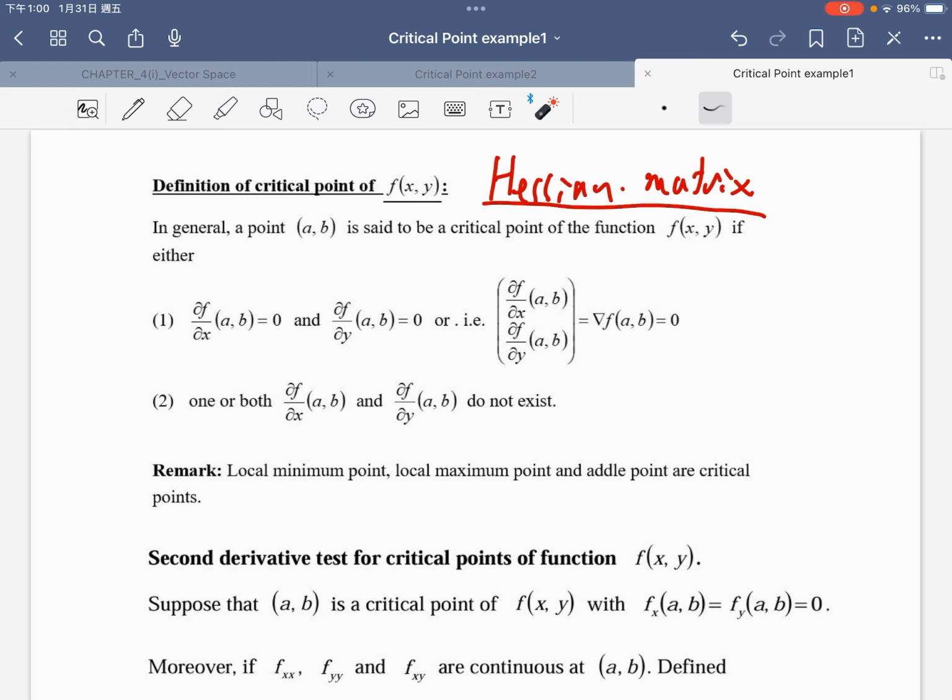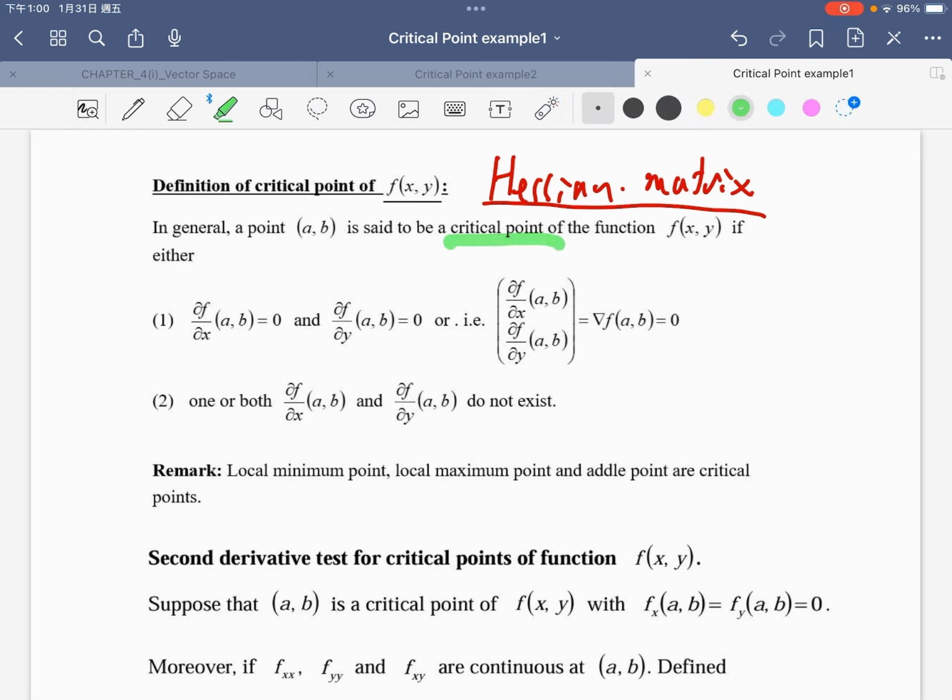The critical point of the function is defined by setting the partial derivatives of f with respect to x and y to 0. Those points are called critical points. Here is a critical point.